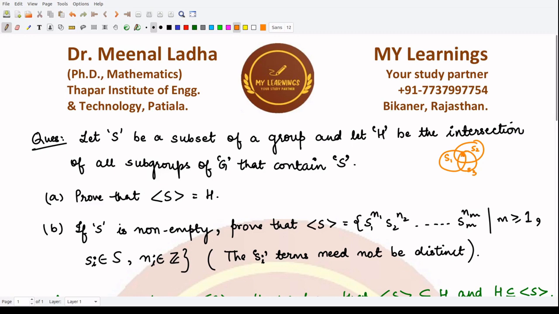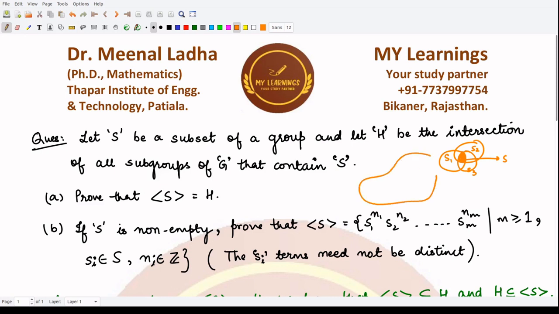So suppose this shaded portion is our S. We say, what is H? H is the intersection of all subgroups of G that contain S, and S is any subset of a group.